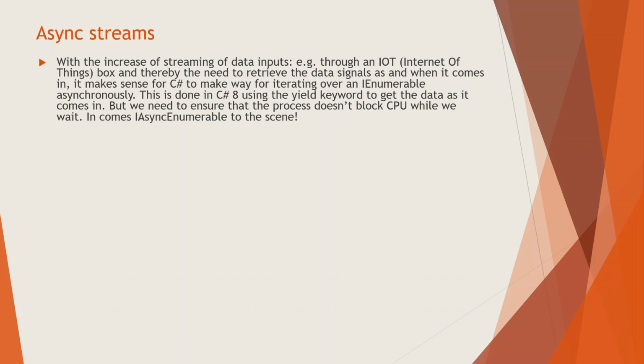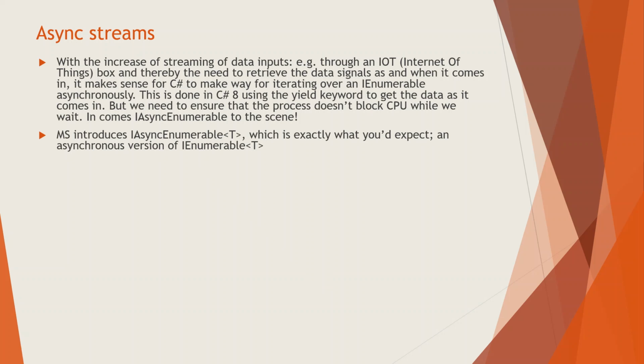Async streams. This is actually a very important addition. With the increase of streaming of data inputs through an IoT, Internet of Things, box, and thereby the need to retrieve the data signals as and when they come in, it makes sense for C# to make way for iterating over an enumerable asynchronously. This is done in C# 8 using the yield keyword to get the data as it comes in, but we need to ensure that the process doesn't block the CPU while we wait. In comes IAsyncEnumerable to the scene.